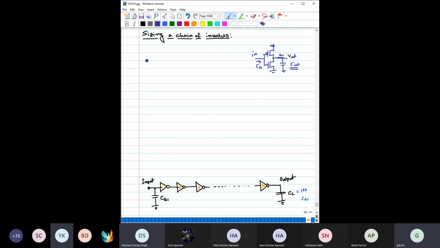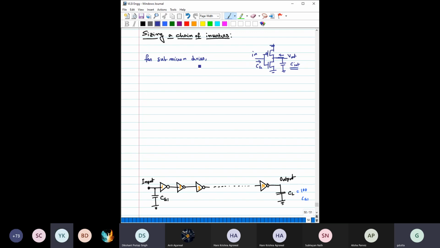Then for sub-micron devices, what do we mean by sub-micron? Sub-micron means where the gate length is less than 1 micron.